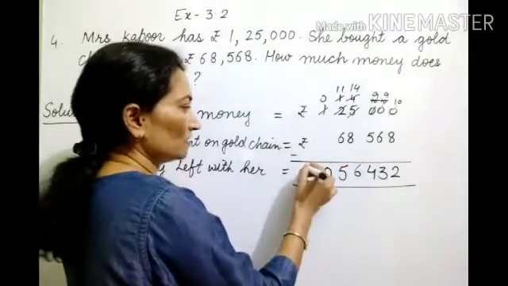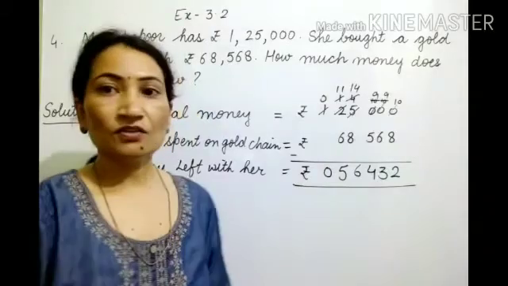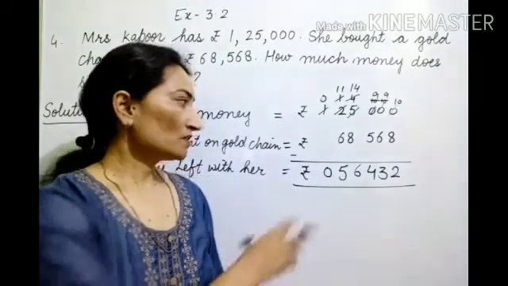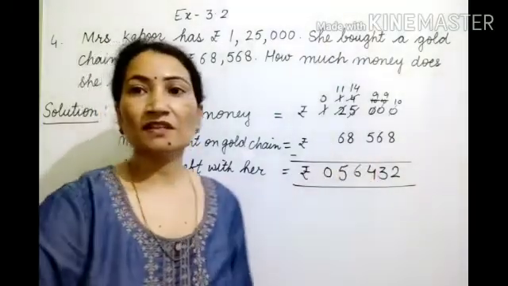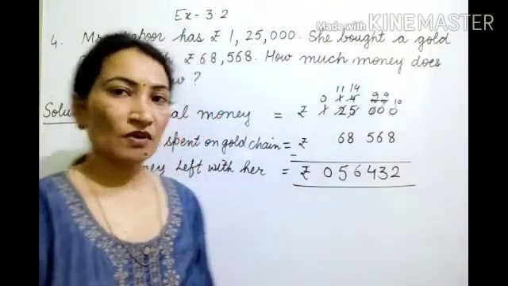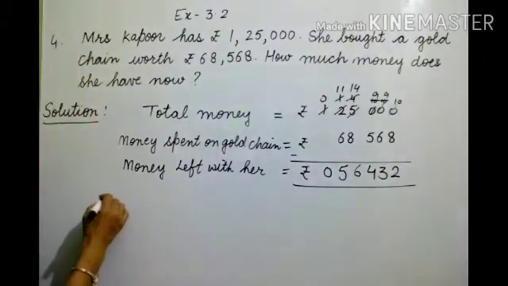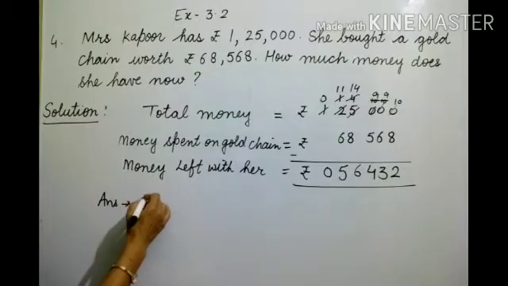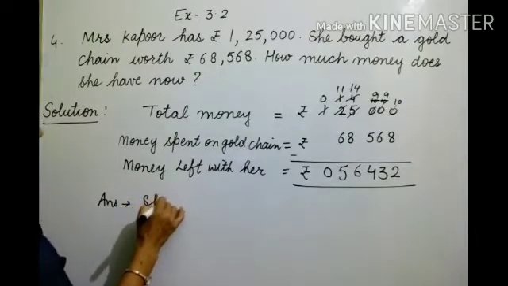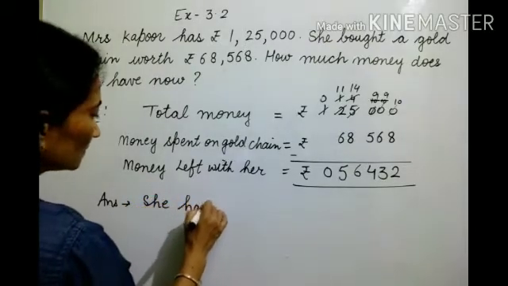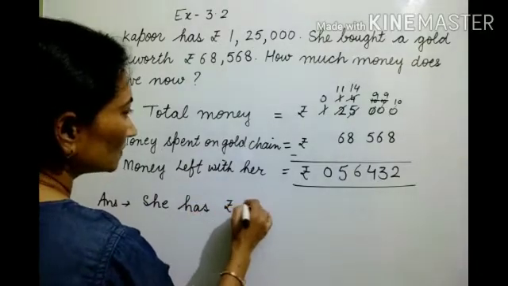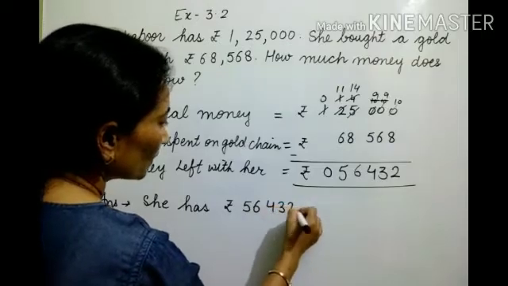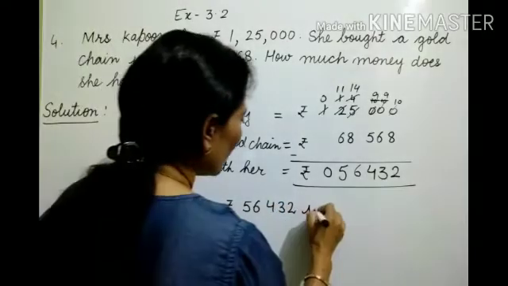You will write rupees, as rupees is the unit. We are talking about money, so we will write rupees before the number to represent that it is money. We are talking about rupees. So our answer will be: Mrs. Kapoor has rupees 56,432 with her now.